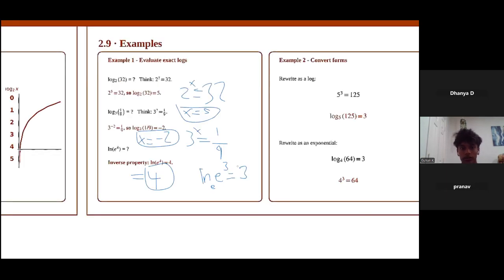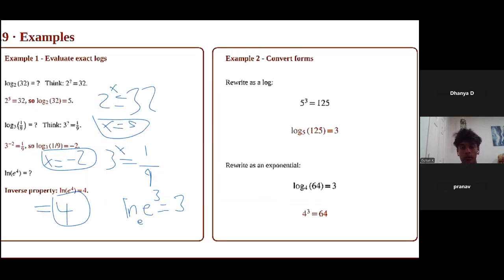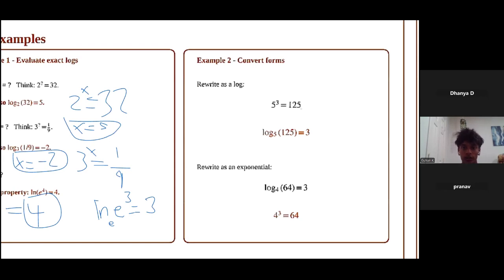So let's convert this exponent into a log. Remember, we write logs in the version of what to the power of something is going to be the base. The base to the power of the answer is going to be the argument.